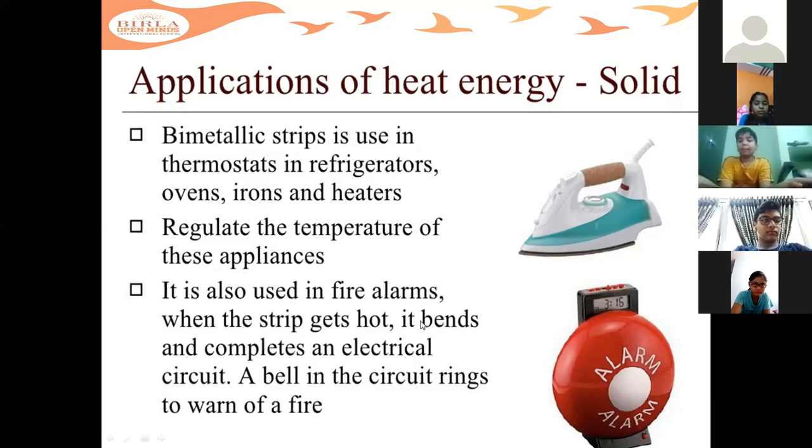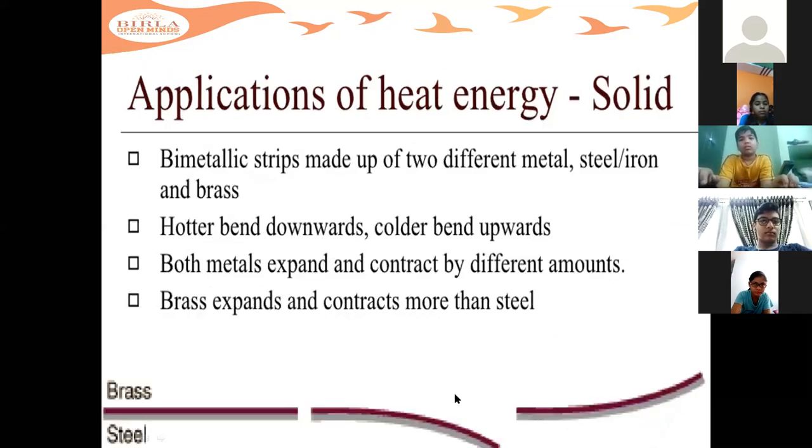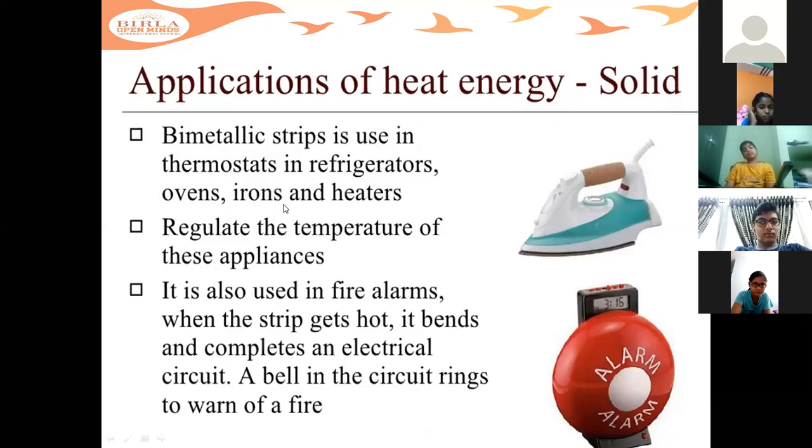When they are heated up, they bend downwards, and when they are cool, they bend upward. So these bimetallic strips are used in these appliances, and they are even used in fire alarms.